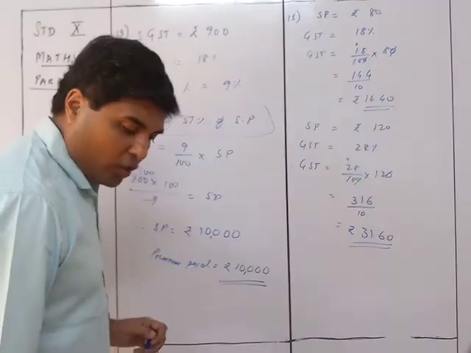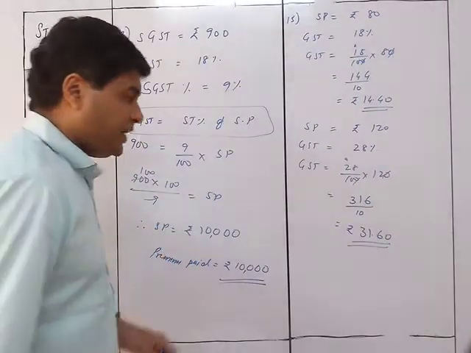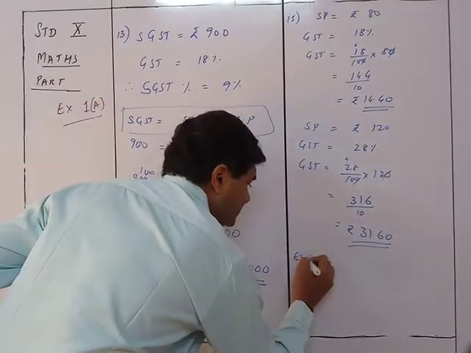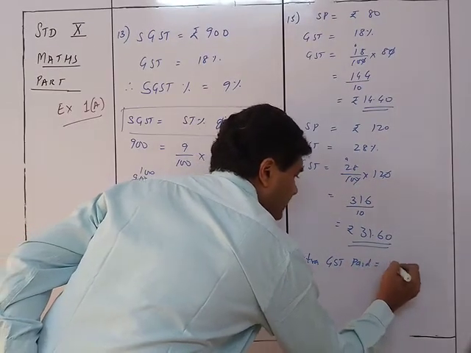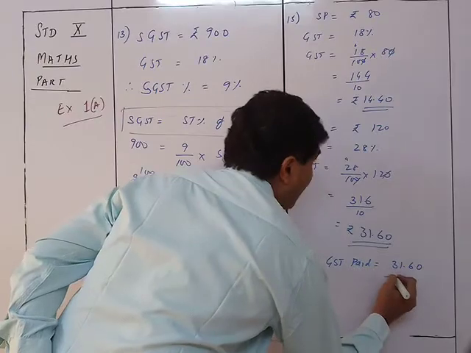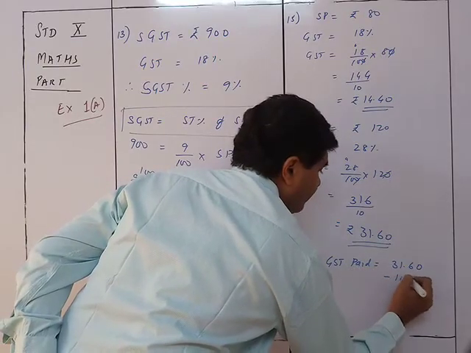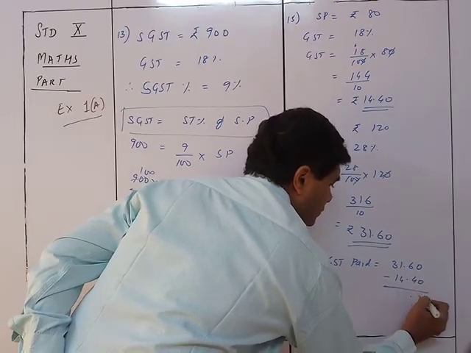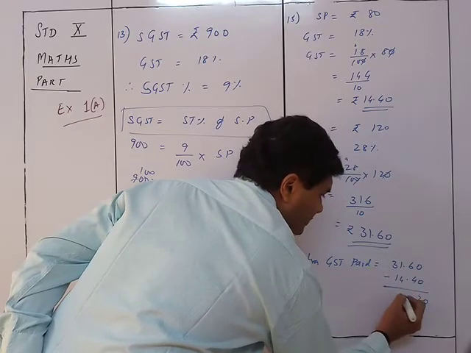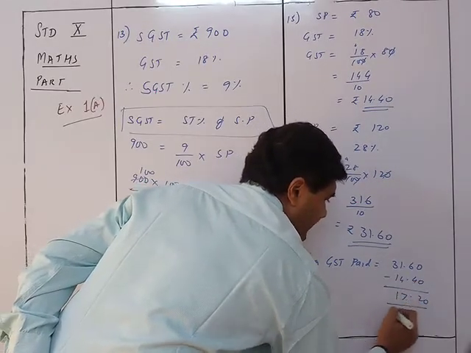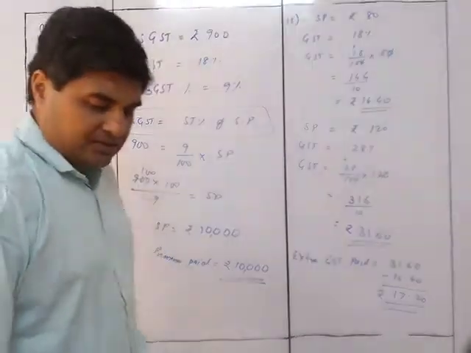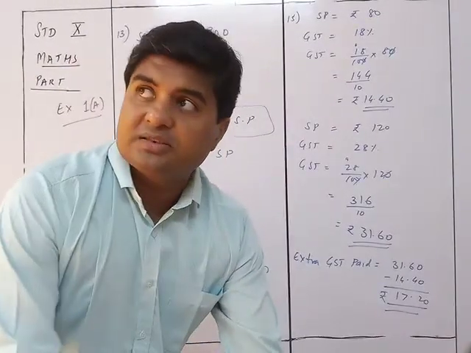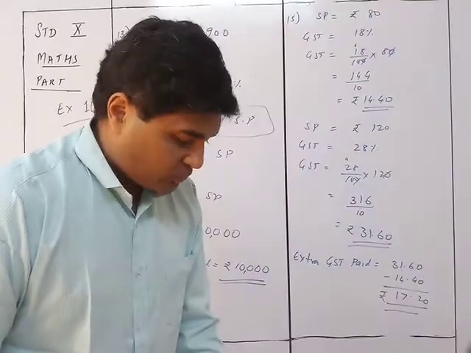They asked us how much extra GST he paid. So extra GST paid is equal to 31.60 minus 14.40, which is rupees 17.20.